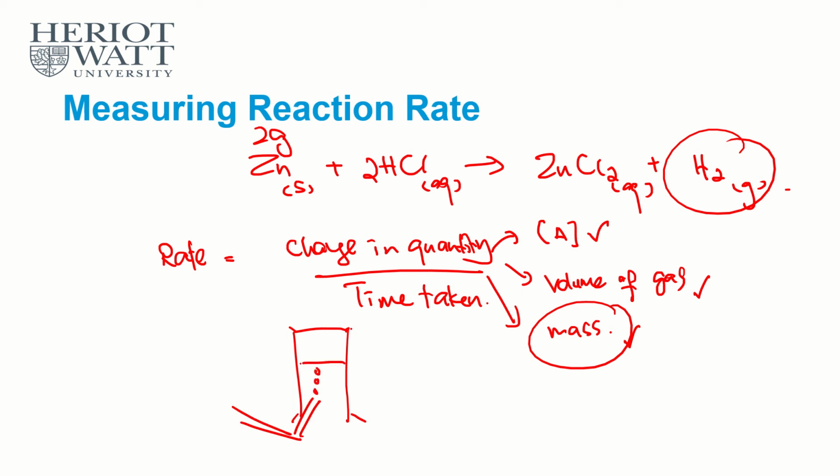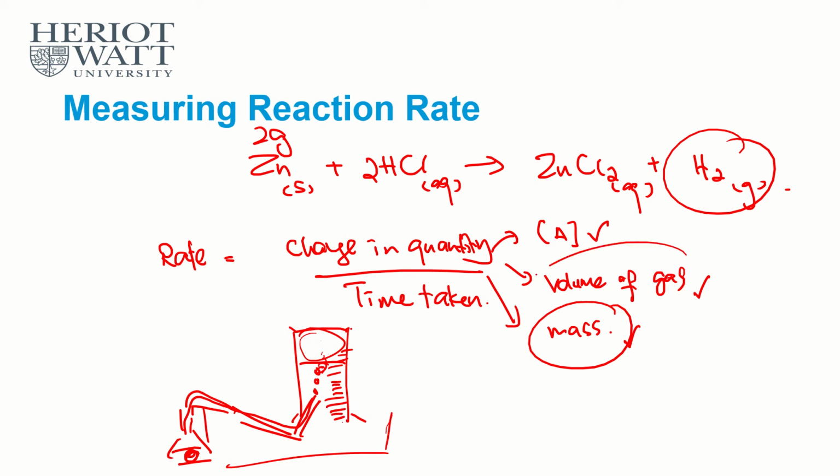So we collect the gas here. This is water in the basin, and this is the reaction flask. The reaction happens here, the gas will be transferred all the way to this and displace the water, and then we collect the gas here. Of course, this is a measuring cylinder, so we can measure the volume of gas collected. So this is another way.